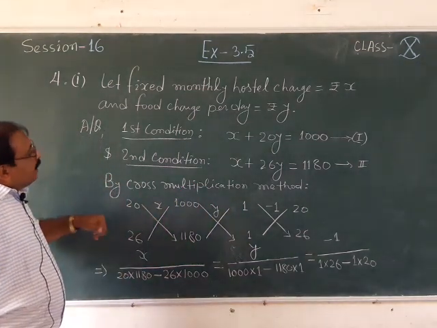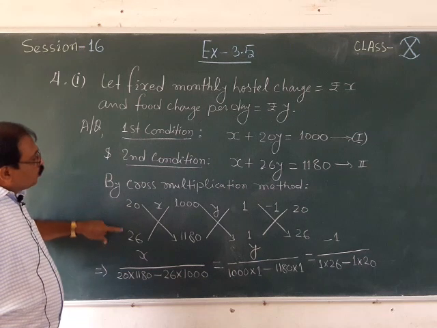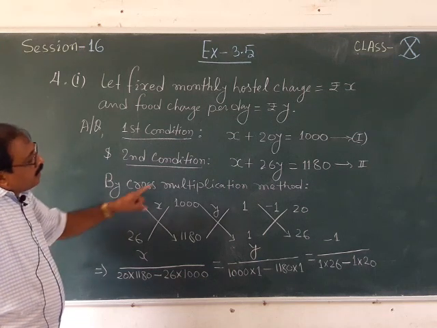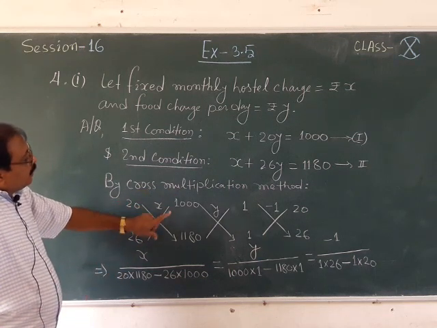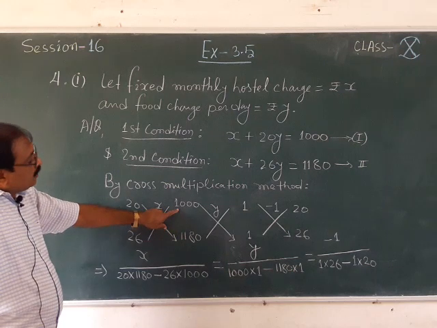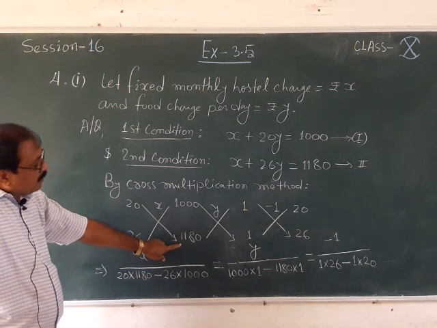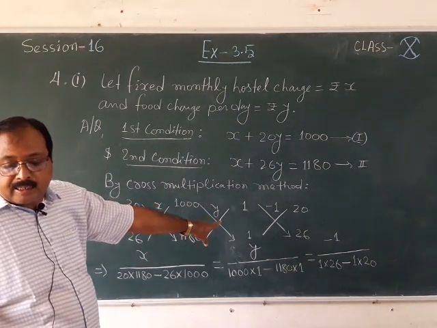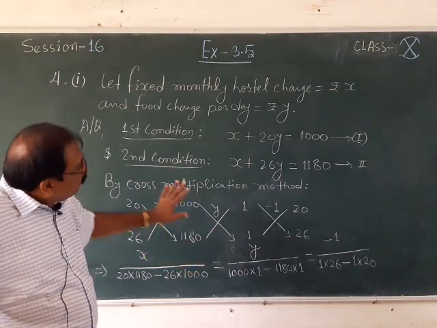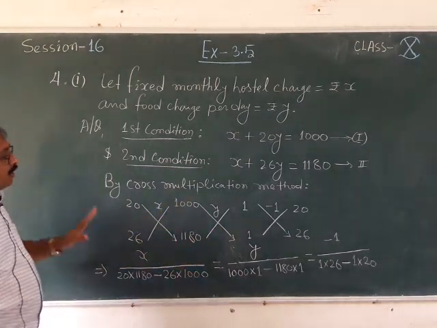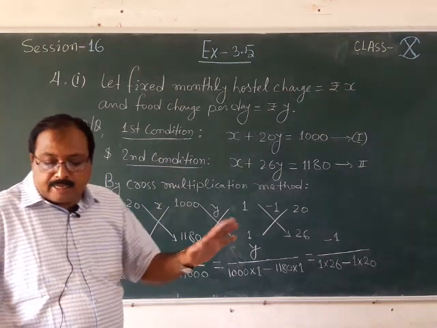There is no restriction because it is written that you can solve by any algebraic method. So here what I did: b1, b2, that is 20 and 26, I have written side by side. Then c1 and c2, that is 1000 and 1180, and then a1, a2, that is 1 upon 1. So till here first you copy, then I am moving to the next steps.